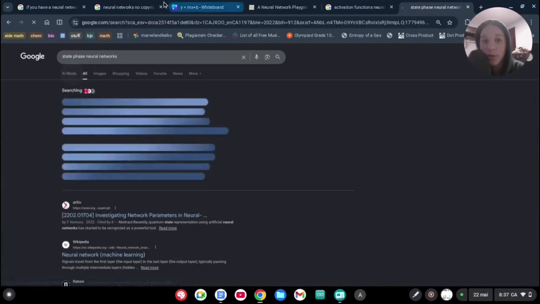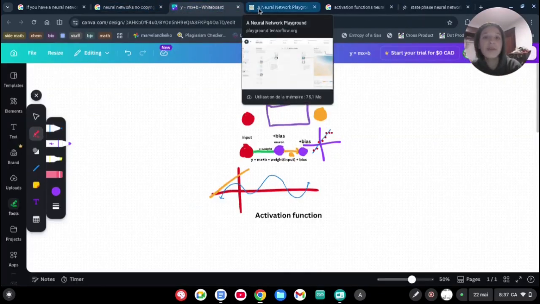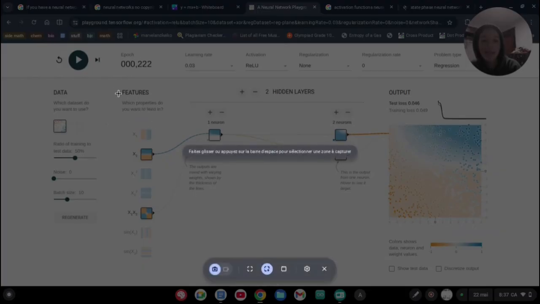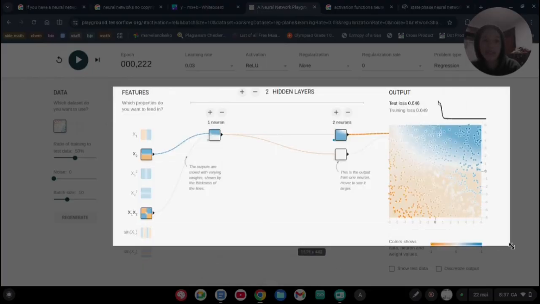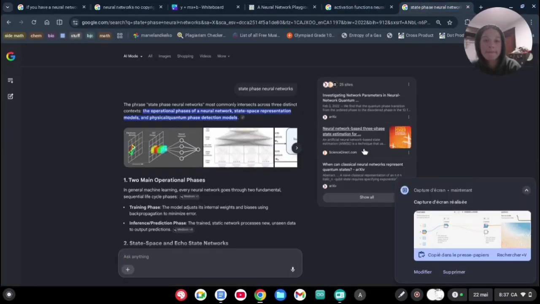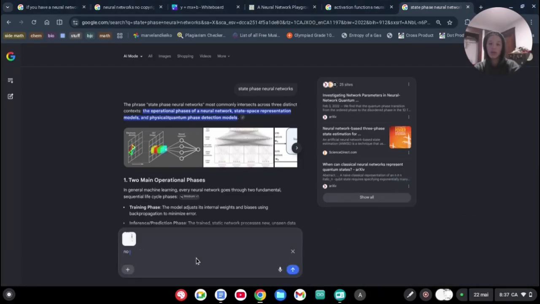Let's go into AI mode, and I hope this is allowed on YouTube. We're going to take a picture of this and ask, what is this? What is happening here? Is this approximating a line?